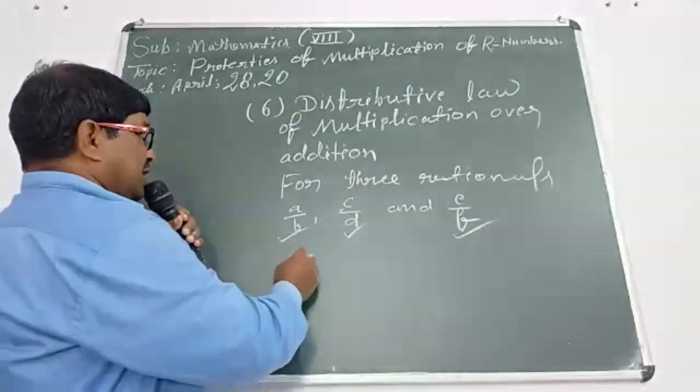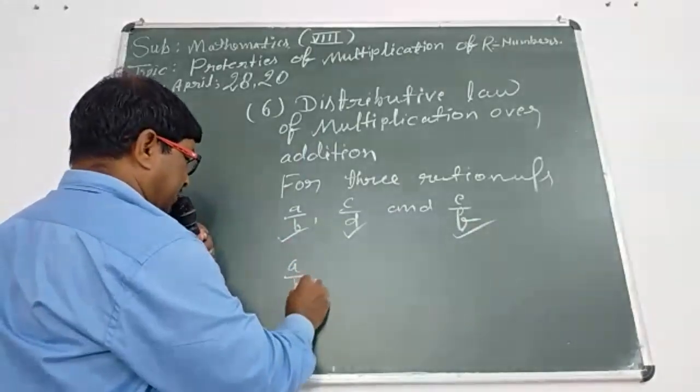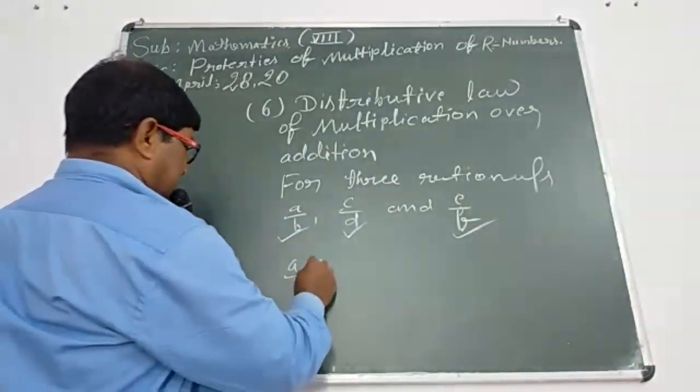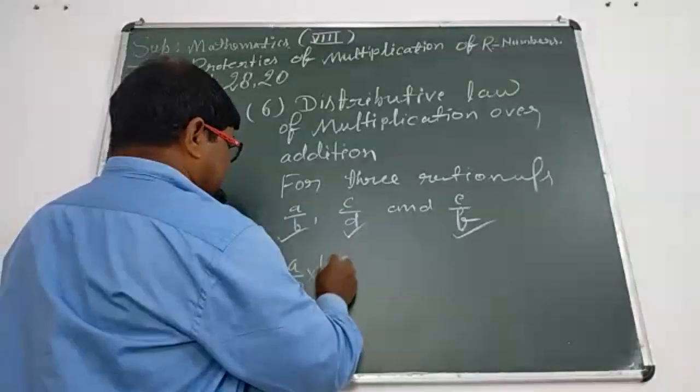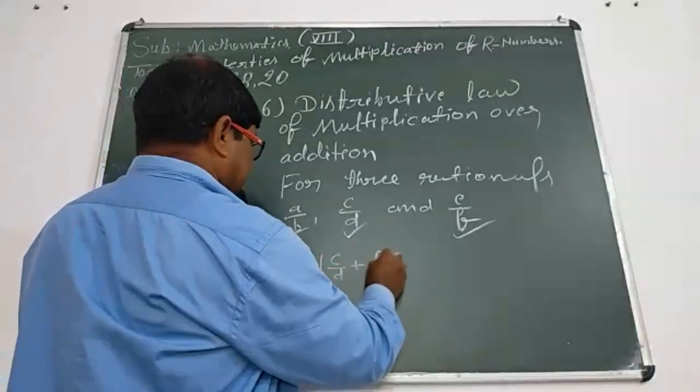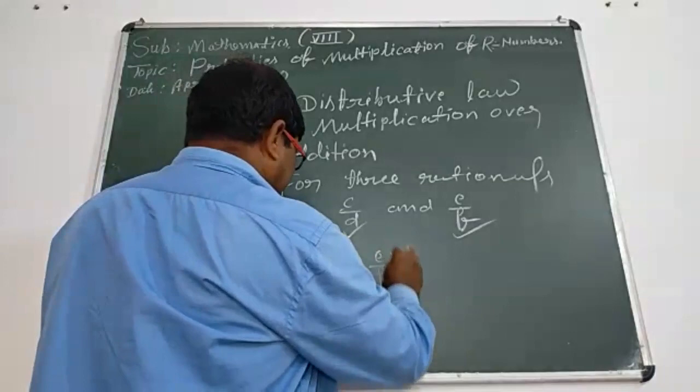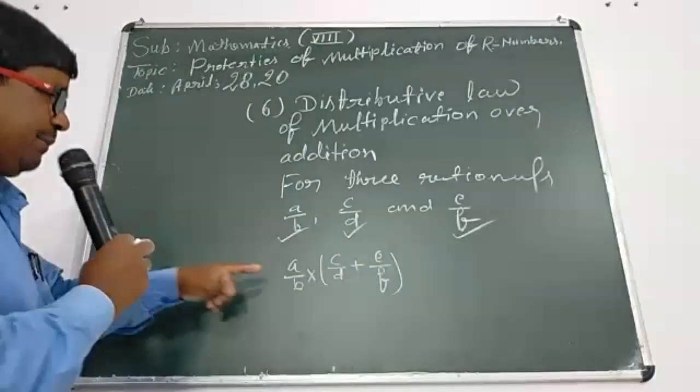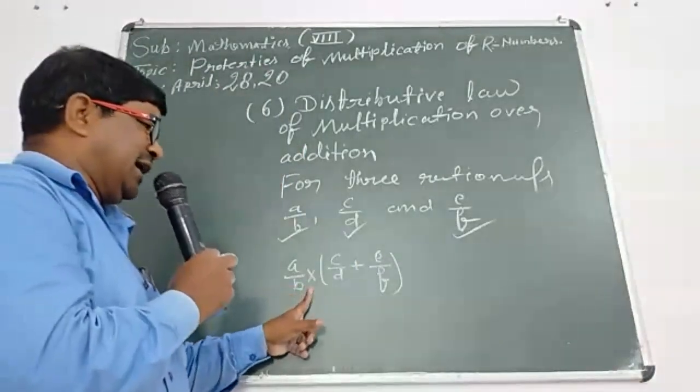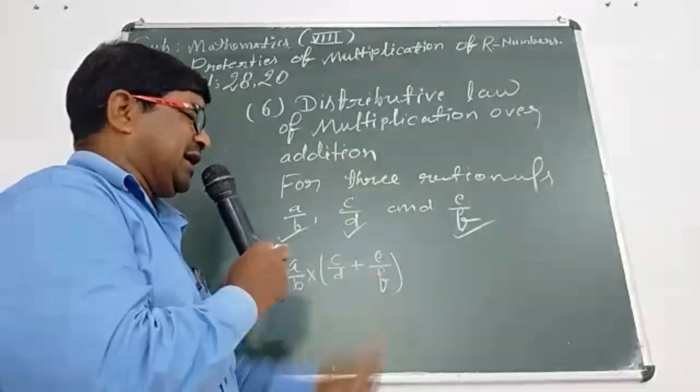Take A upon B multiplied by the sum of C upon D plus E upon F.